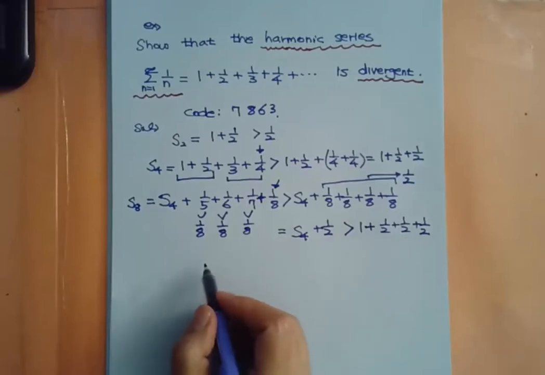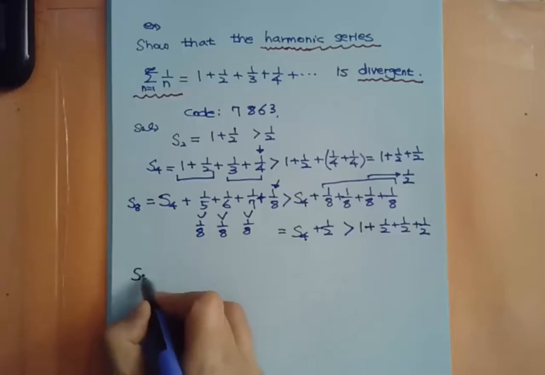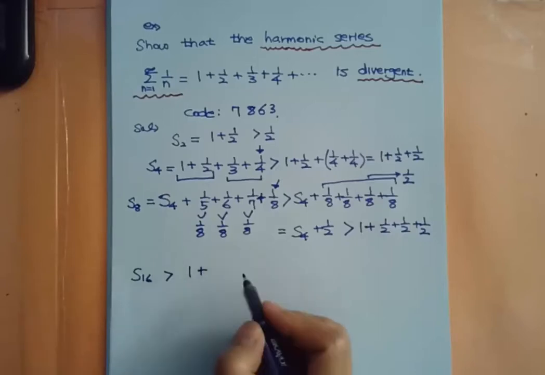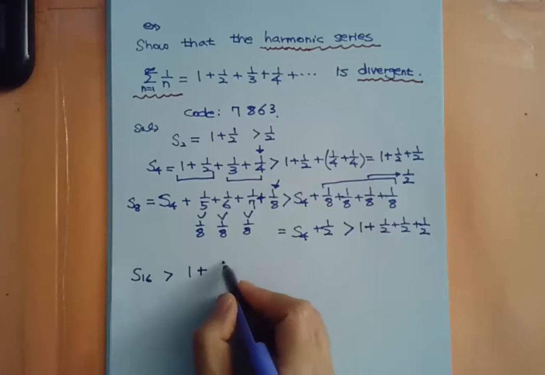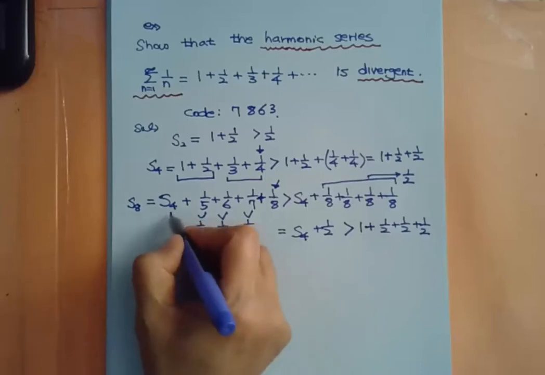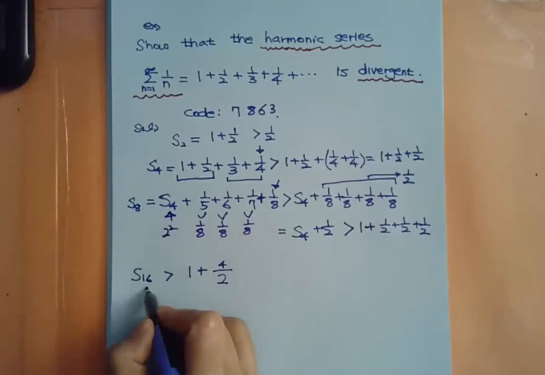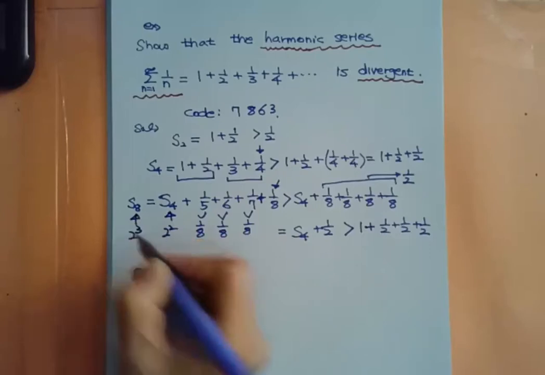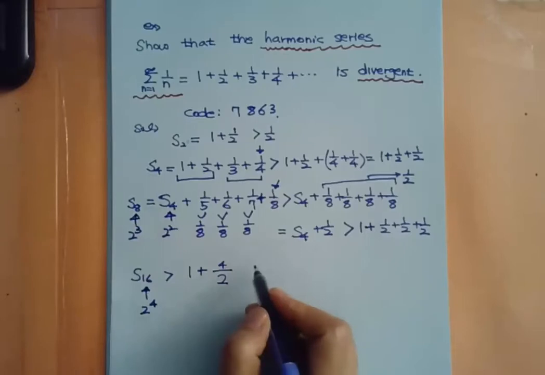And so S sub 16 is greater than 1 plus 4/2, because this one is 2 squared, this is 2 cubed, and this is 2 to the 4th power.